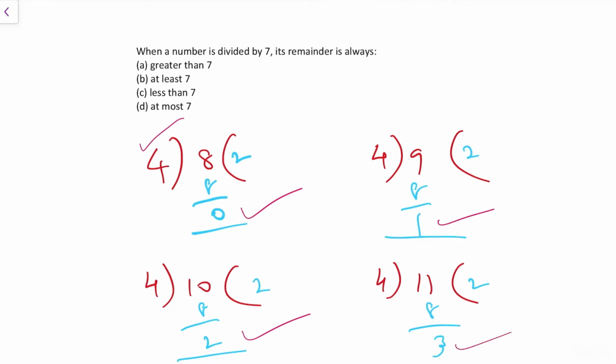The logic is that the remainder is always smaller than the divisor. In the given question the divisor is 7, so definitely the remainder should be less than 7. Option C is the correct option.